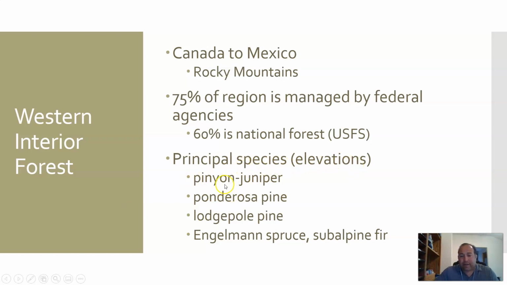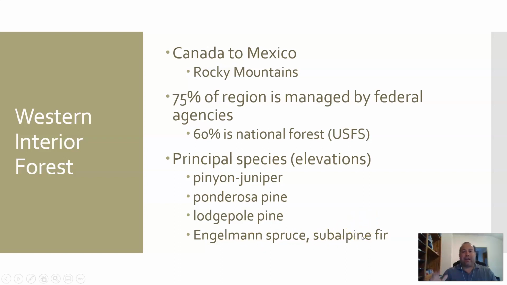And so as we read these, we're going to go up in elevation. Our lower elevations, pinyon juniper is what we're going to see. Ponderosa pine at our middle elevations, at our high elevations, lodgepole pine, and then at our really high elevations, Engelmann spruce and subalpine fir.